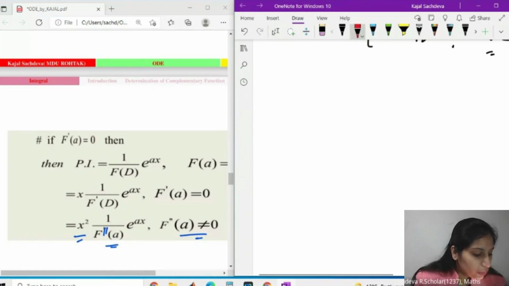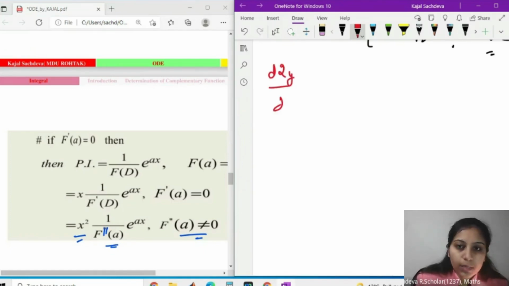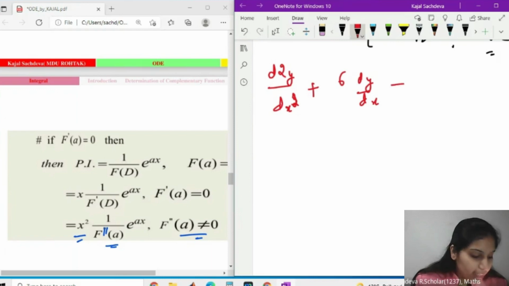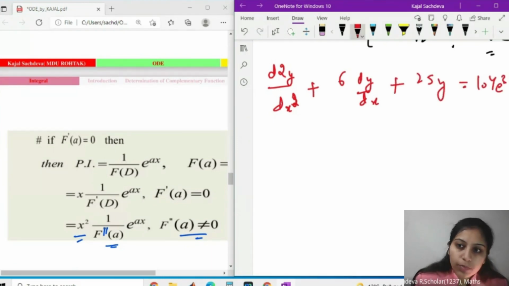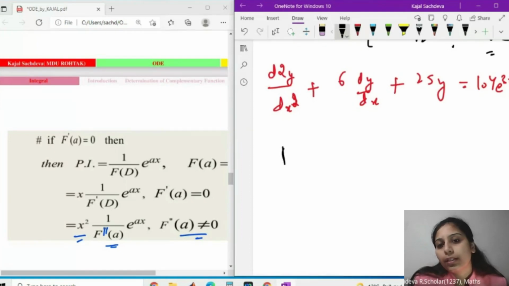So we have a question: d²y/dx² + 6 dy/dx + 25y = 104 e^(3x). Here we are just finding the particular integral.